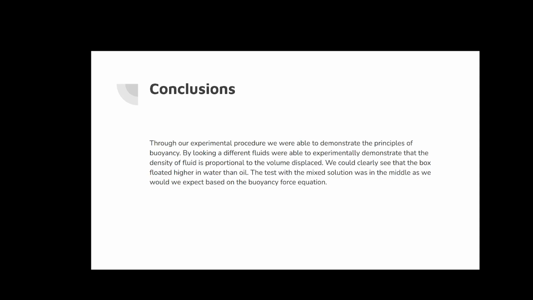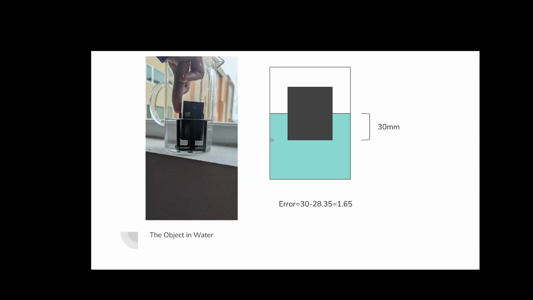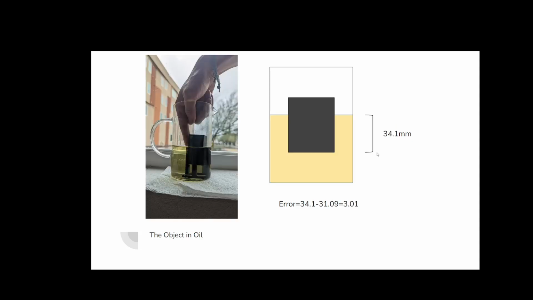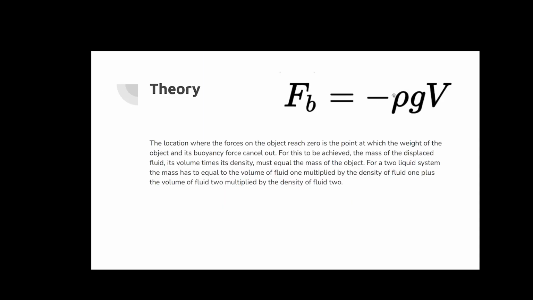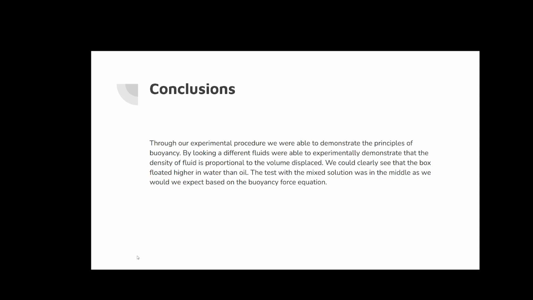And I guess the reason why the submerged height of the object under the water was less than under the oil is that if we go to the buoyancy equation, we can see that the buoyant force is directly proportional to the density. So the higher the density, the higher the buoyant force. The higher the buoyant force, the less height submerged underwater.